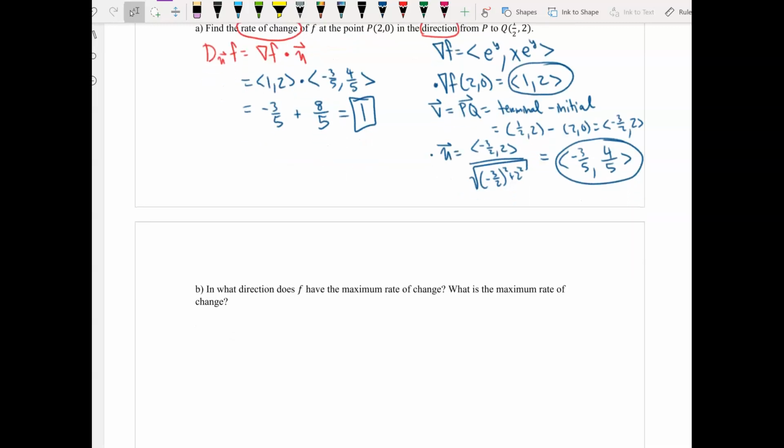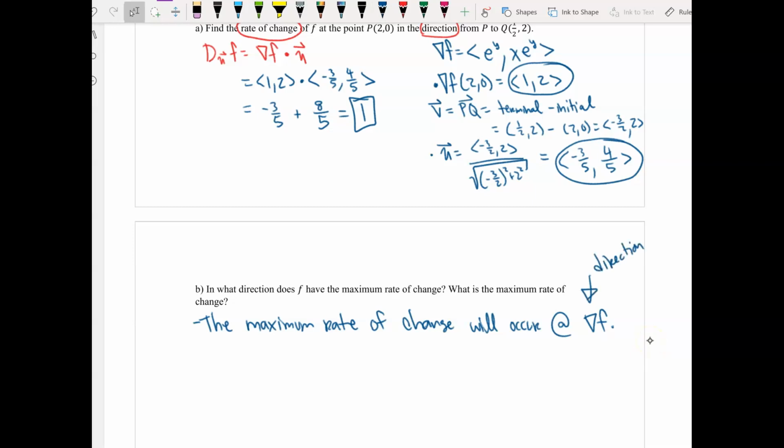So the maximum rate of change will occur at grad f, and this will be the direction in which it will change. The actual rate of change will be whatever the magnitude of grad f is.